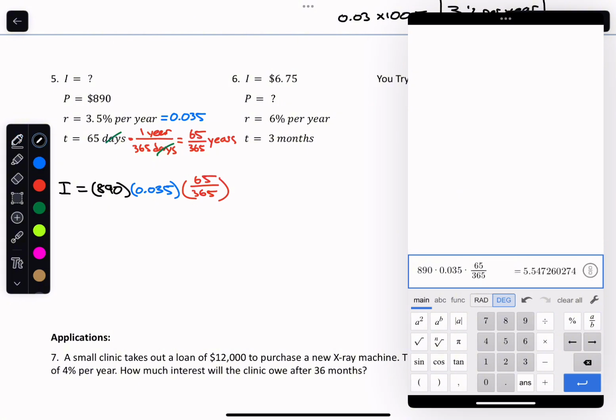And that is all going to work out to be, oh sorry, not the interest rate, but the interest is going to be equal to 5.547. So I'm going to round that to be 5.55. And so we're going to say that the interest is approximately, since I had to round, I'm going to change my equal sign to be approximately 5.55. All right, so interest is approximately 5.55.